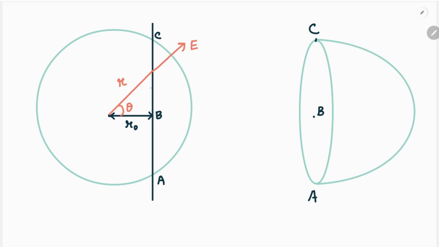This E vector has two components: one is E cos theta, and the other is E sin theta. E sin theta does not contribute any electric flux through this surface ABC at a distance r0. The flux contribution comes solely from E cos theta.